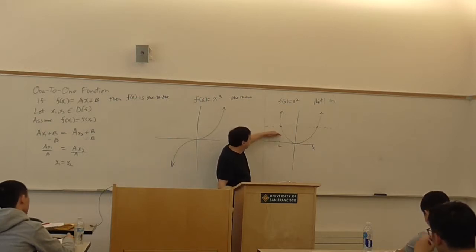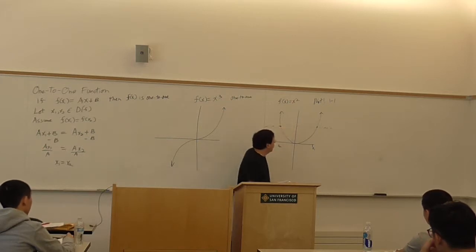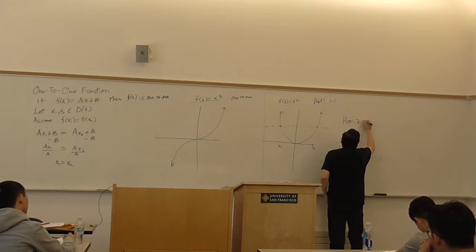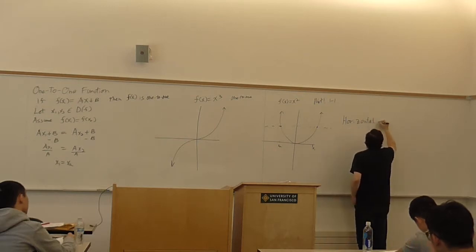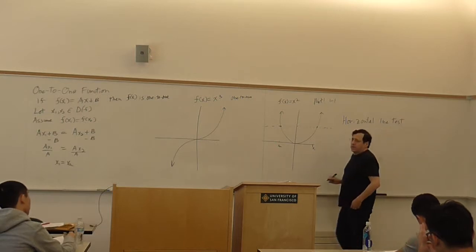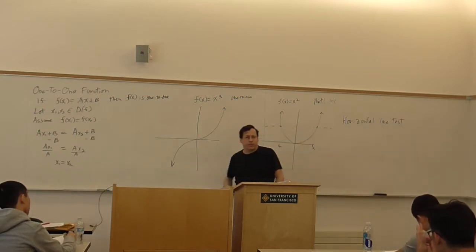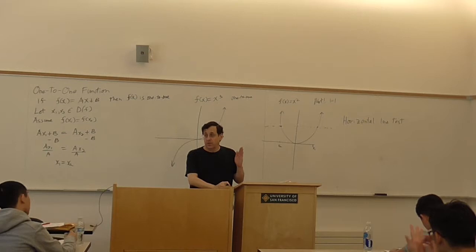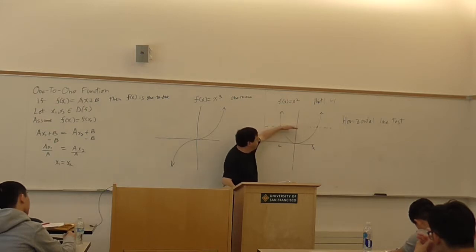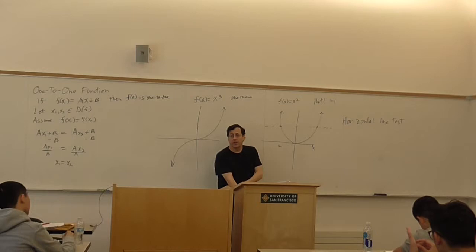We have a name for doing this. This is called the horizontal line test. This is not to be confused with the vertical line test. The vertical line test tells us whether it's not a function at all. The horizontal line test tells us whether it's a one-to-one function or not.